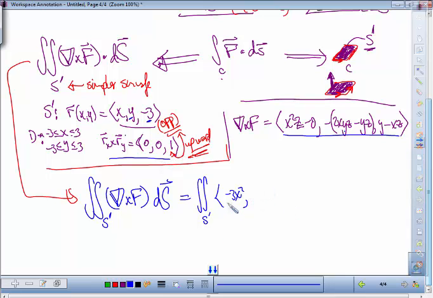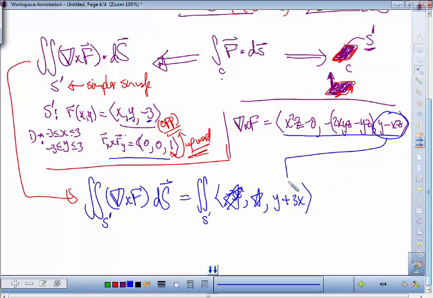So I'm really going to be only concerned about this last part. Because after I do the dot product, which is what it's asking us to do, with a normal, I'm just going to be concerned about that last component. So the last component, y is y, x is x, and z is -3.